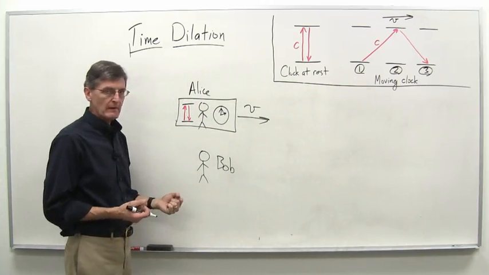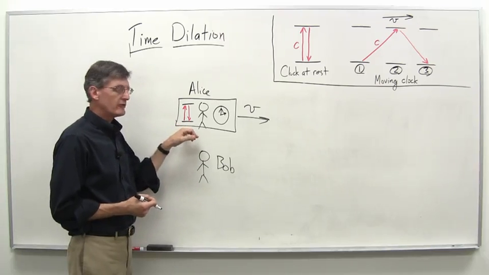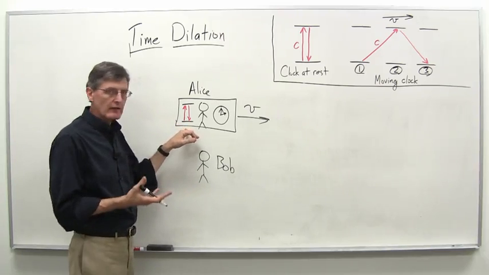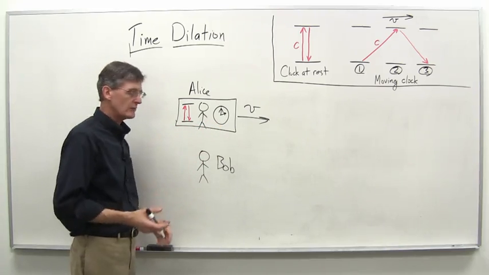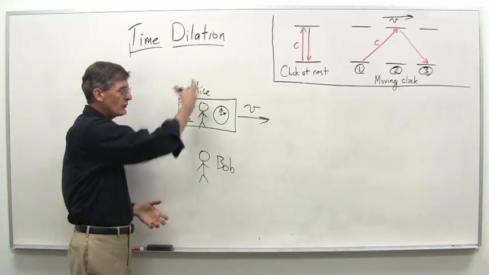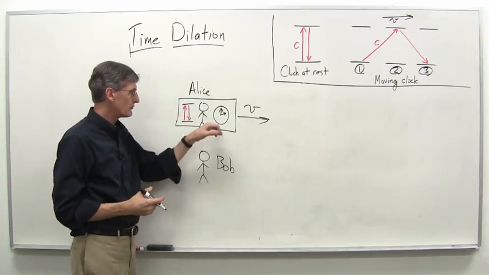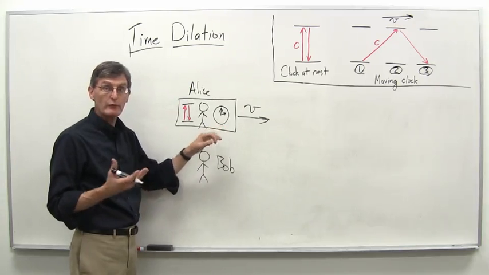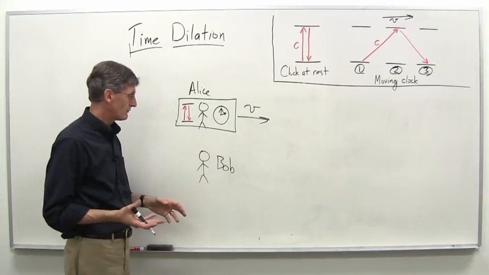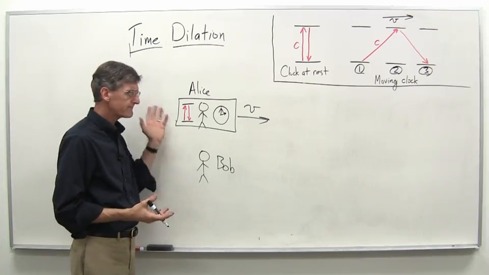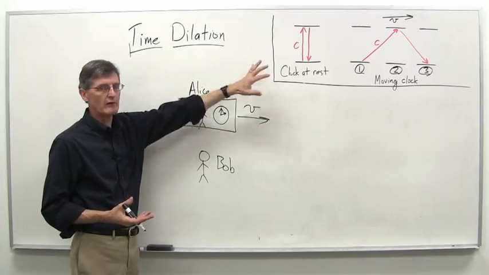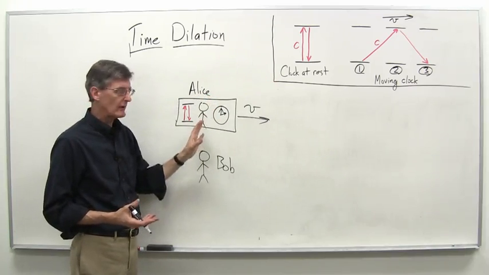Okay? And so you might say, well, again, maybe that's just the light clock. Maybe this regular clock over here, whether it's battery-driven or spring-driven or whatever, maybe it doesn't obey this type of stuff. Maybe it just runs normally. So what would happen if that's the case? Let's assume that that's true. The light clock is a really special type of thing. This special theory of relativity, all we've been talking about here, really only applies to the light clock.